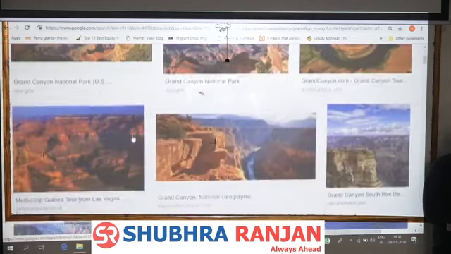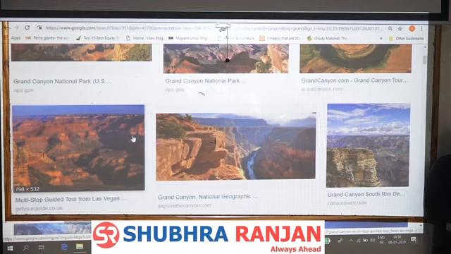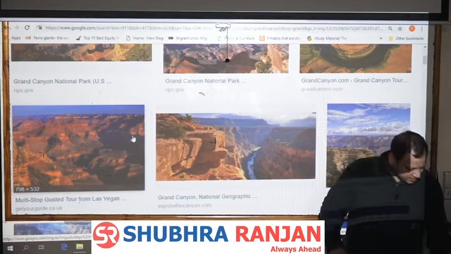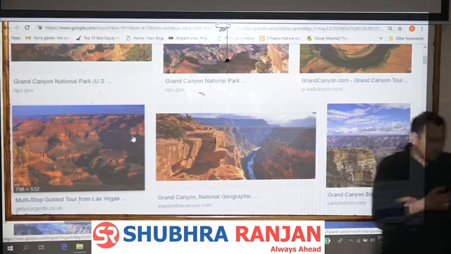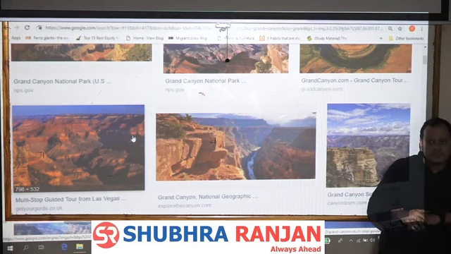Mesas and buttes are always separated by deep valleys known as canyons.